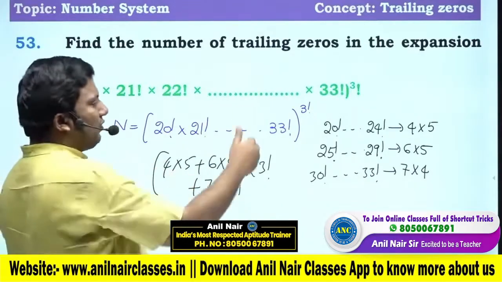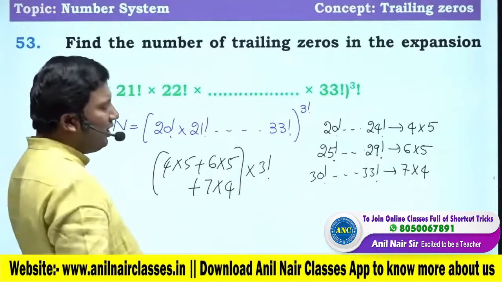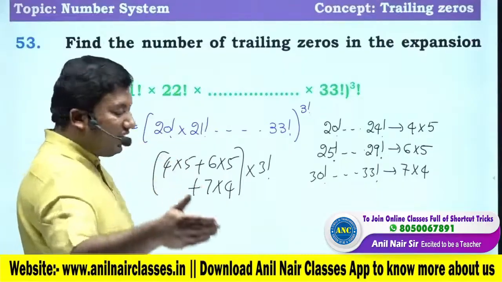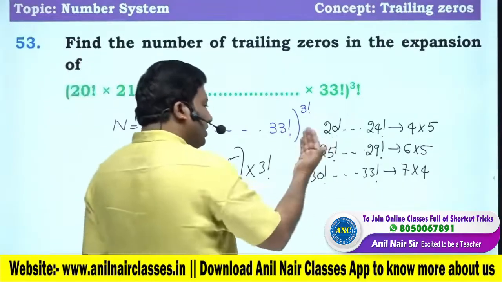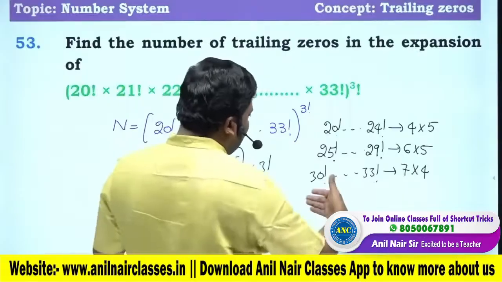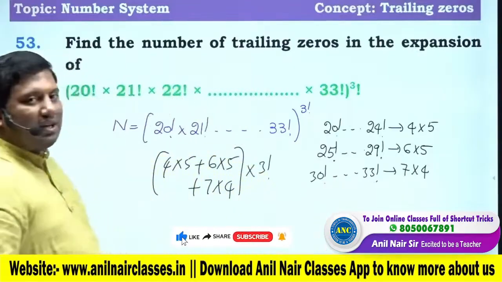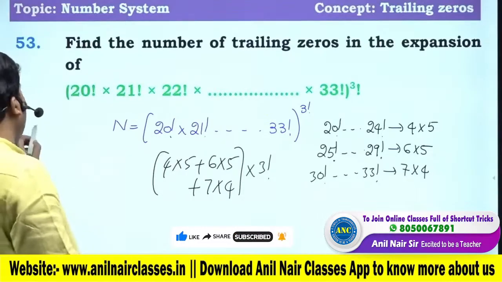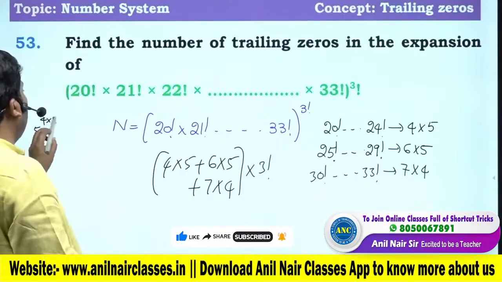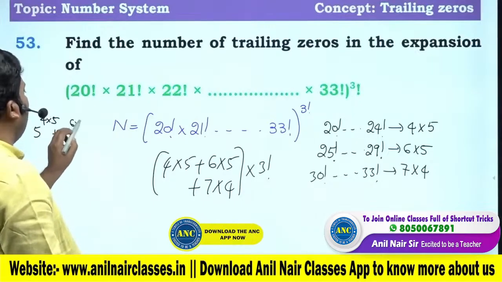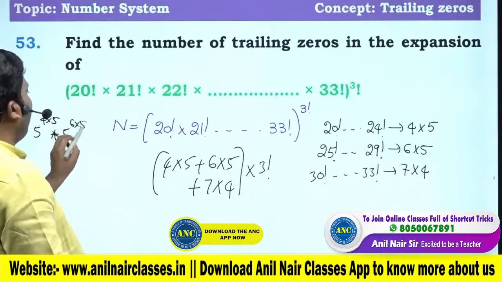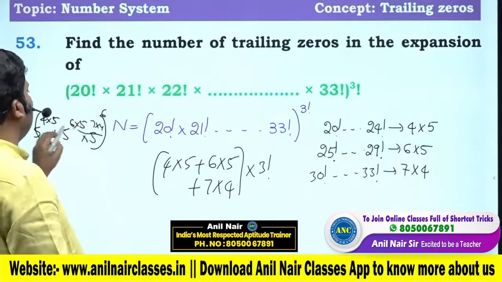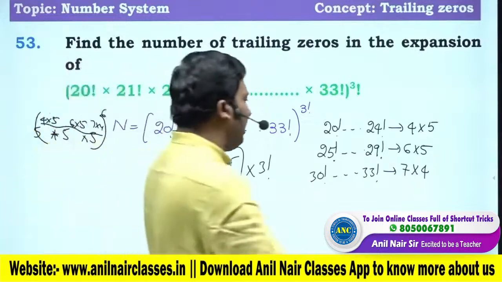From 20 to 24, there are 4 zeros at the end, 5 numbers. 25 to 29, there are 6 zeros at the end, 5 numbers. 30 to 33, there are 7 zeros and 4 numbers. A power m plus n. So this will be 5 power 4 into 5, plus 5 power 6 into 5, plus 5 power 7 into 4, power 6. That is the reason addition came.